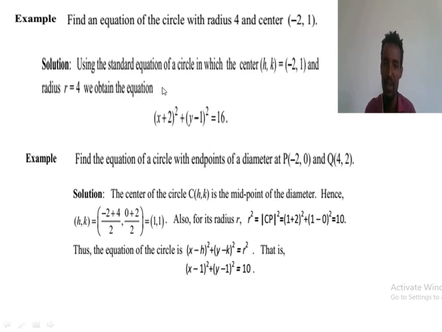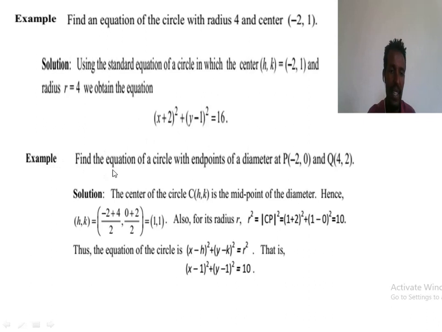That means using the formula (x minus h) whole square plus (y minus k) whole square is equal to r square, and simply substituting h, k and r by 4, then we have (x plus 1) whole square plus (y minus 1) whole square is equal to 16.